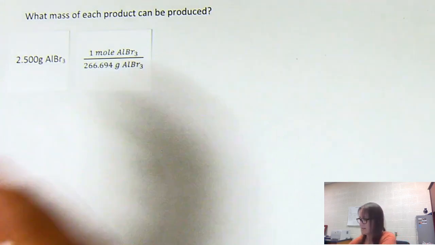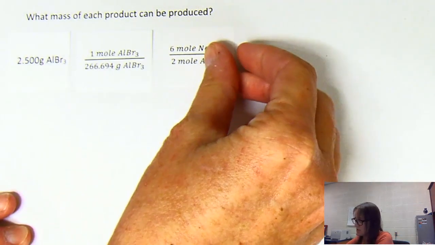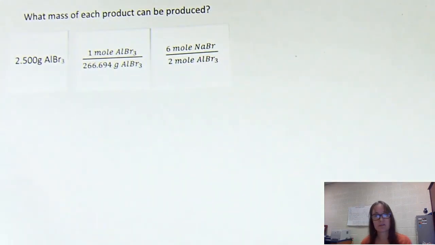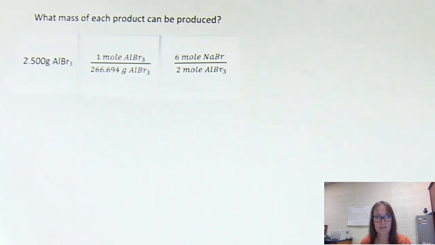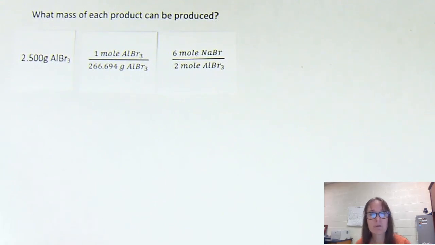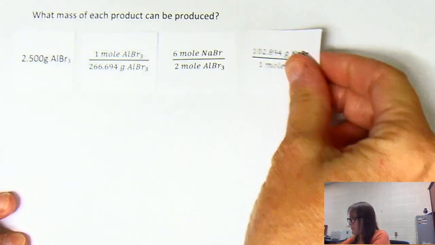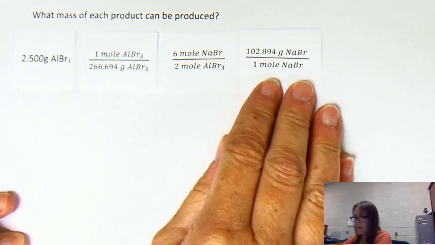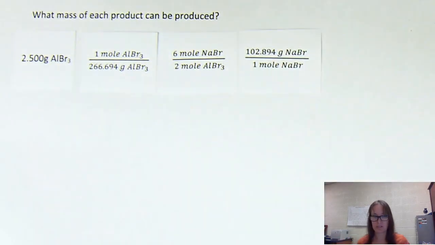But if we want to calculate how much sodium bromide we make, then we use the coefficients from the reaction. The coefficients are 6 moles for sodium bromide and 2 moles for aluminum bromide. So that's a 6:2 ratio. This will allow us to calculate the moles of sodium bromide that will be produced from the 2.500 grams of aluminum bromide that reacts. But we want to see what the mass would be, so we can get the mass relationship.